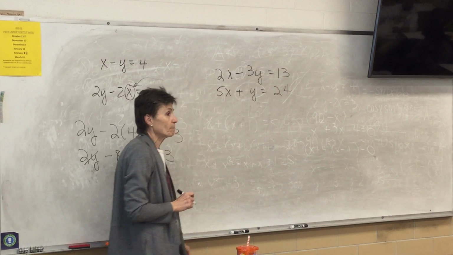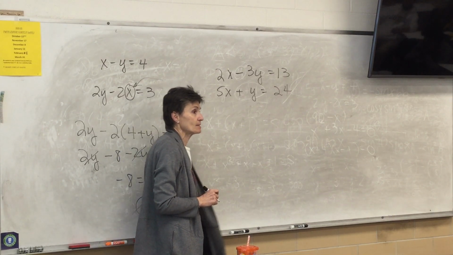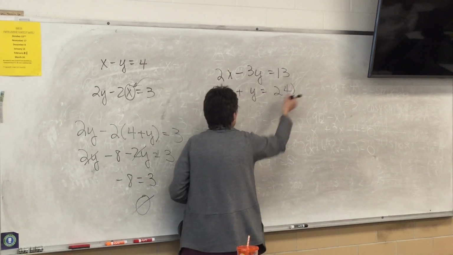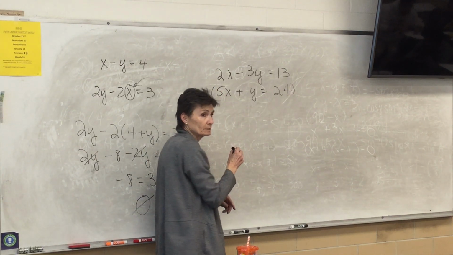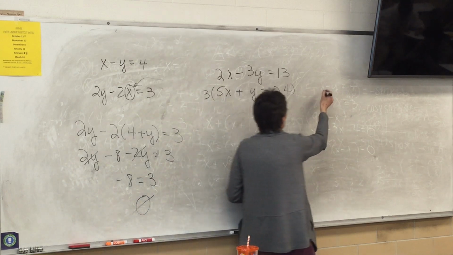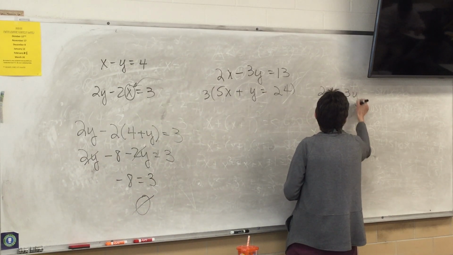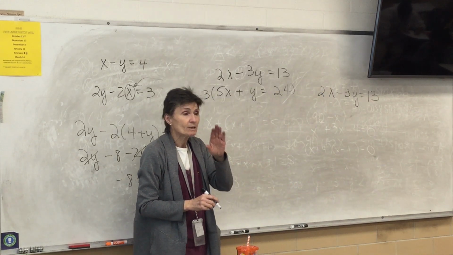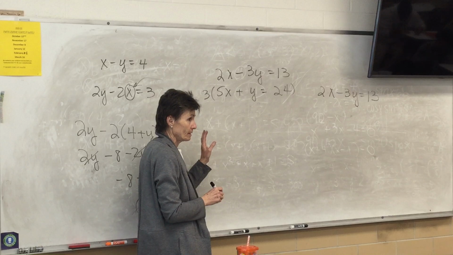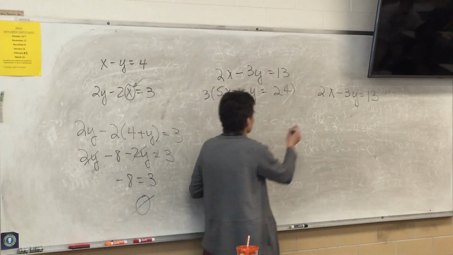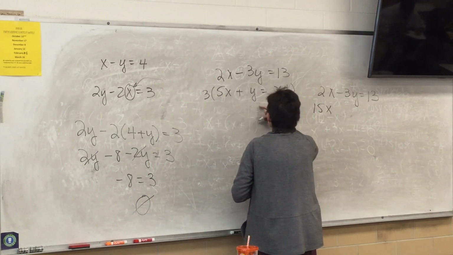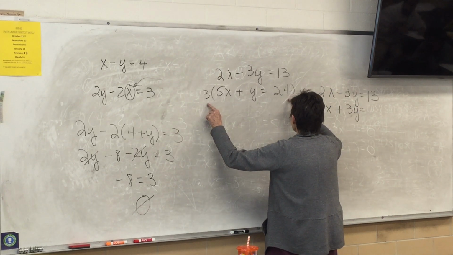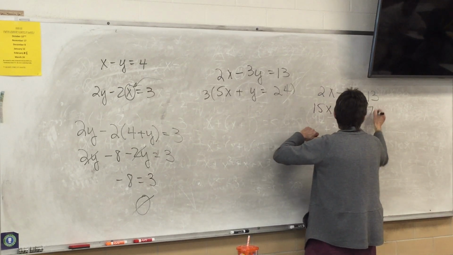So what do you think might be the easiest thing to get to cancel here? Multiply the bottom equation by 3. Now, that means the top equation is staying the same, and you're multiplying the entire second equation by 3. So we're going to get 15x plus 3y, and even this gets multiplied by 3, so what is that, 72?